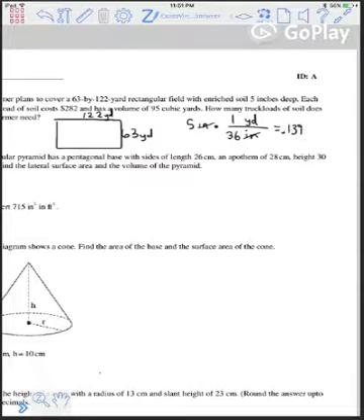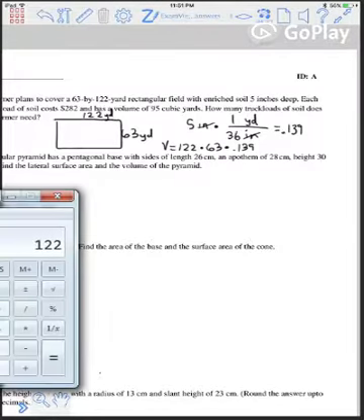So the volume equals 122 times 63 times 0.139. So we have a volume of 1,068.354.